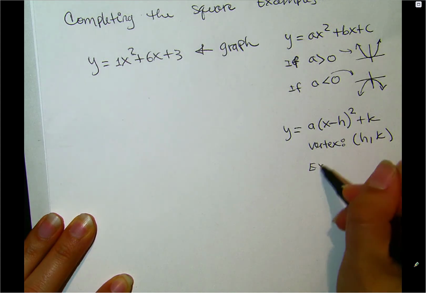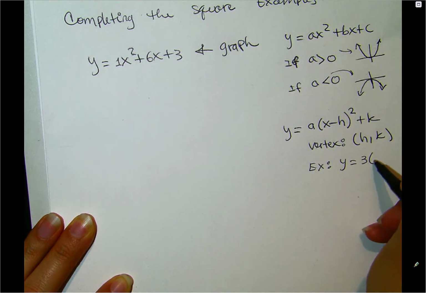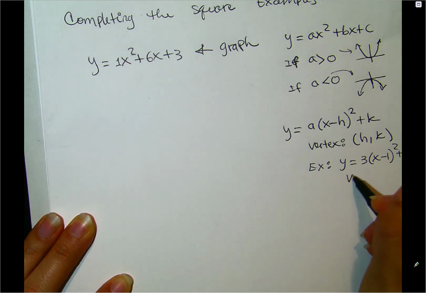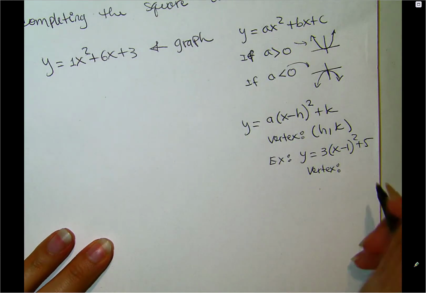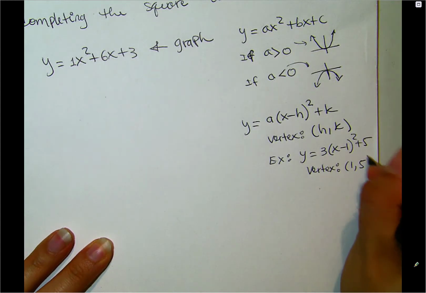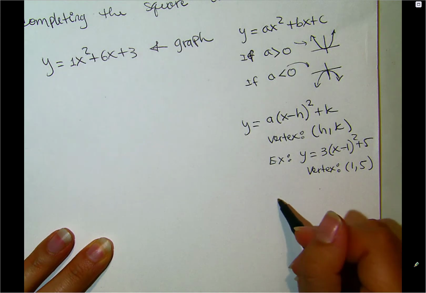So if I had something like y equals 3 times (x minus 1) squared plus 5, the vertex will be at (1, 5). The opposite of that, and that one stays the same.